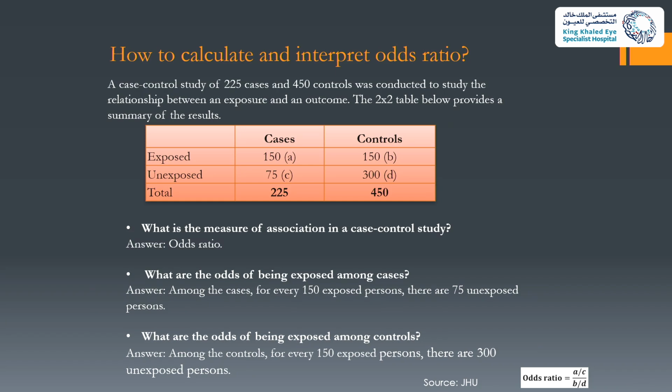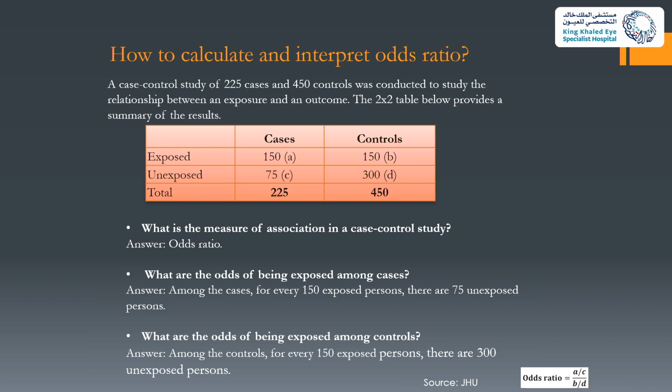So this is how you calculate the odds ratios. The starting point is this, right? Out of 225 cases, you have 150 who are exposed, so for every 150 exposed, there are 75 non-exposed.